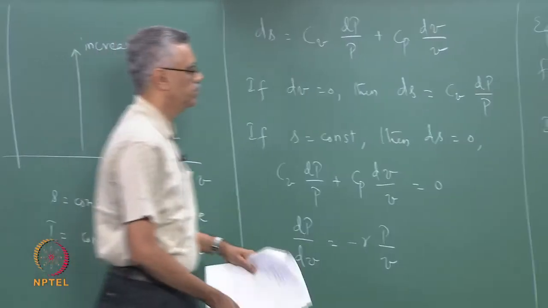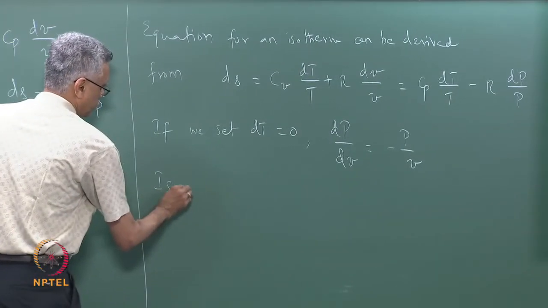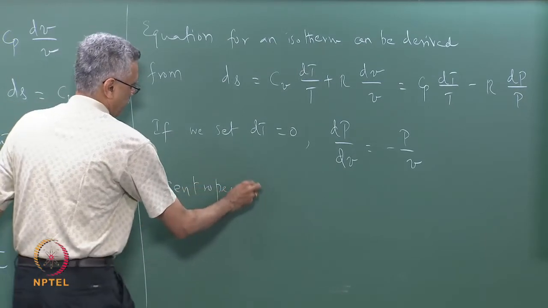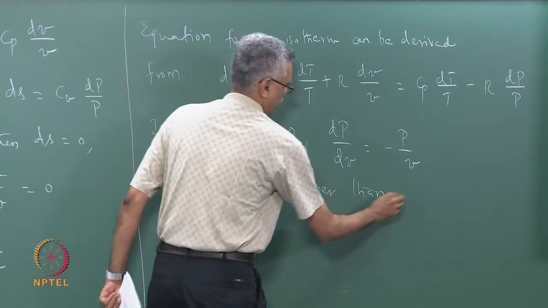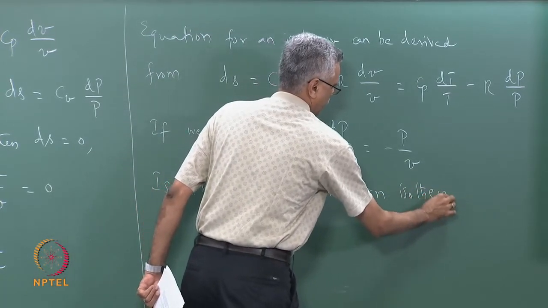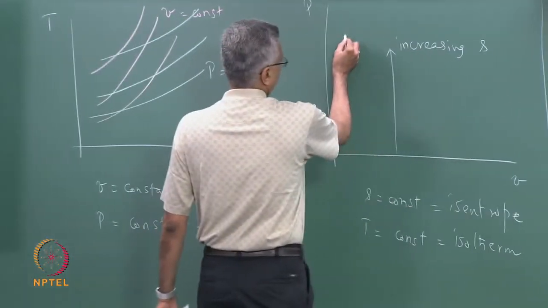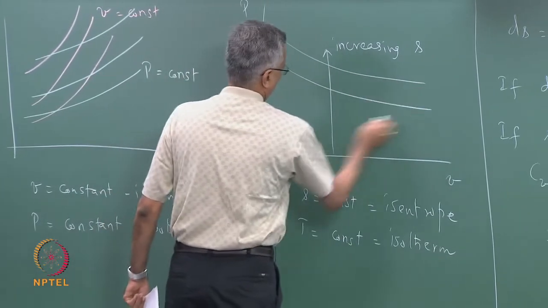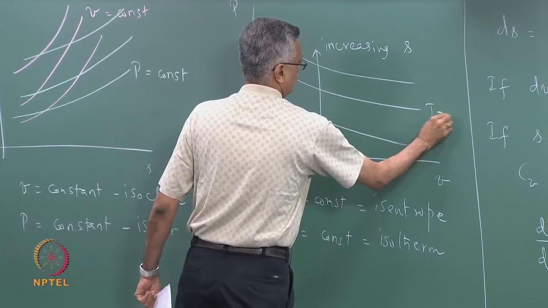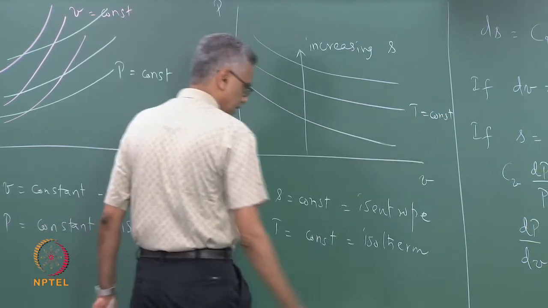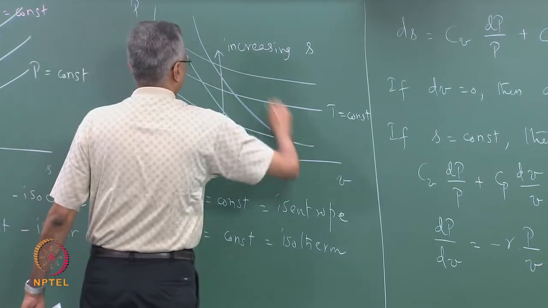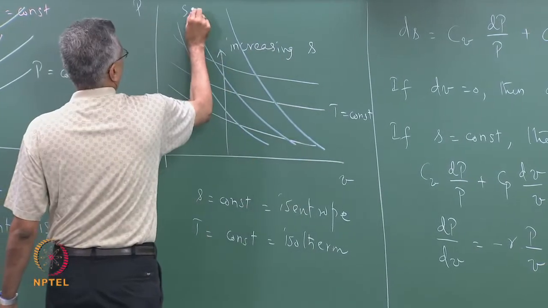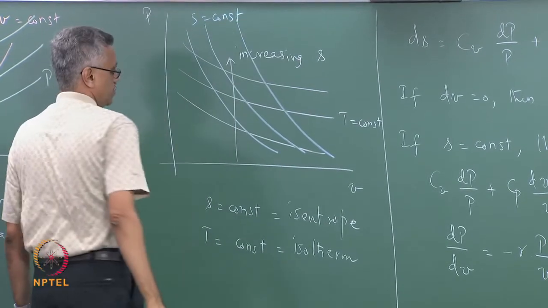Now we are in a position to draw the lines. So, if these are T equal to constant lines, then these will be S equal to constant lines.